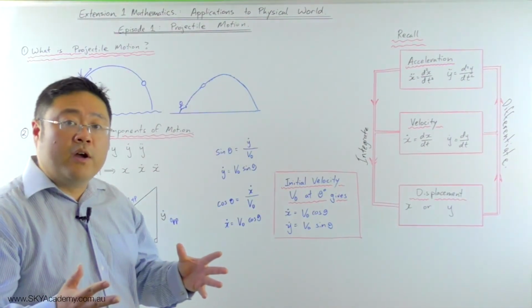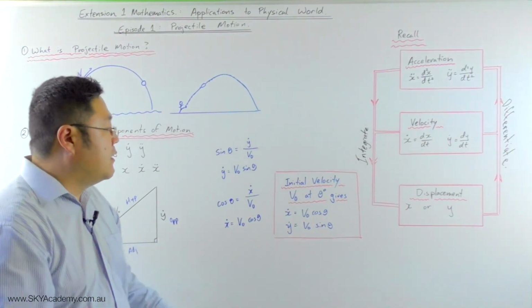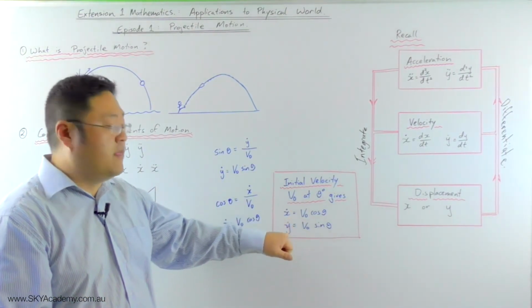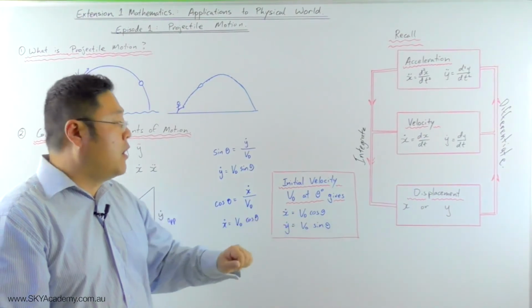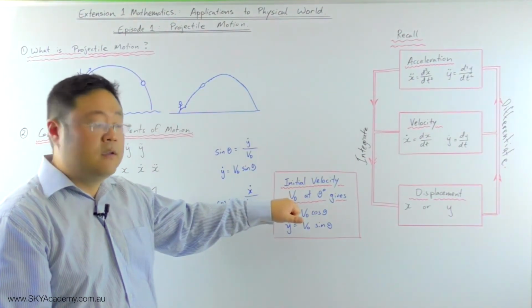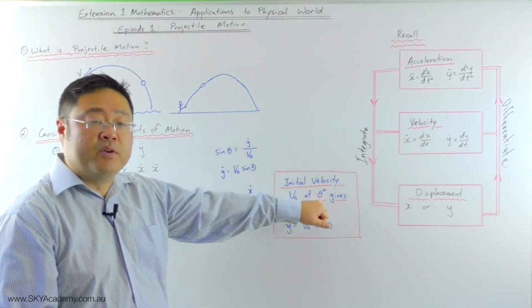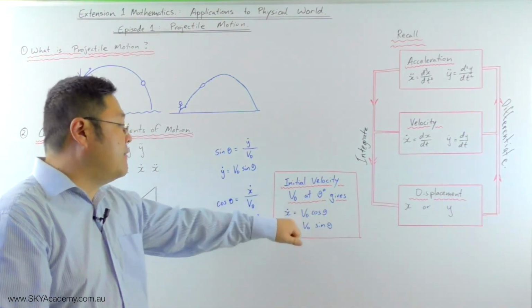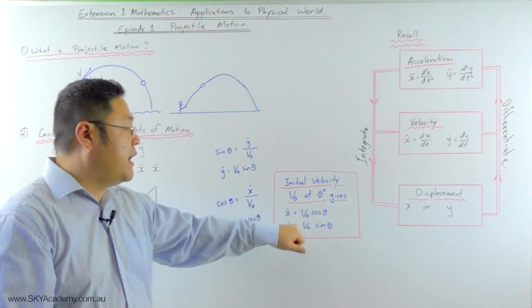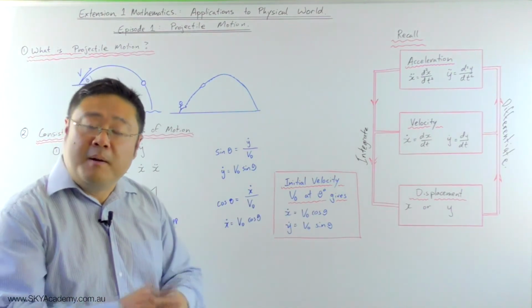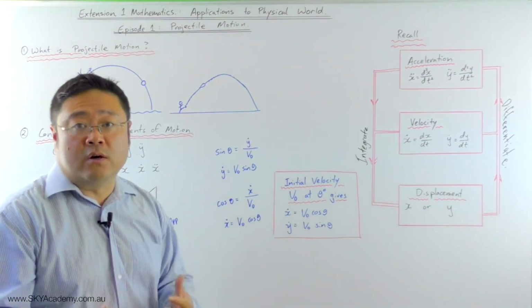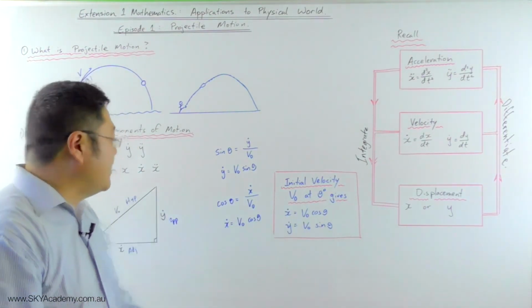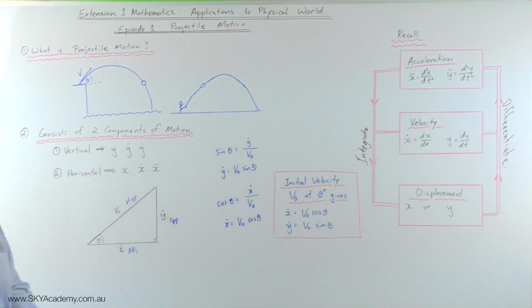What I want you to notice is that the horizontal and vertical components of the initial velocity, given its angle of projection, are given by v0 cos theta and v0 sine theta, using SOHCAHTOA. Got it? That's basically what's going on.